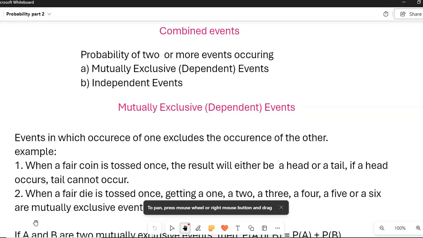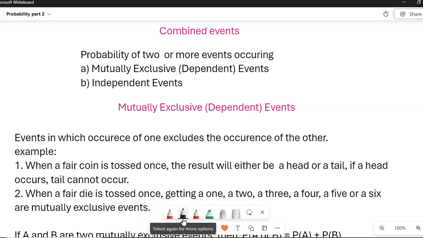So we are going to continue with probability, and this is the second part of the topic. We are going to consider combined events, and in these combined events we are going to have two kinds.